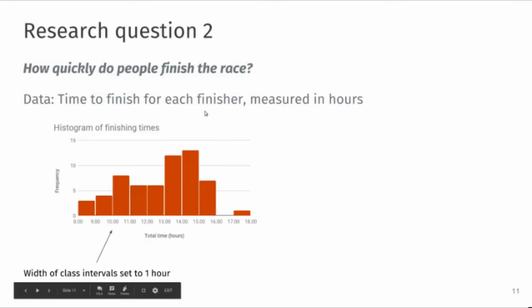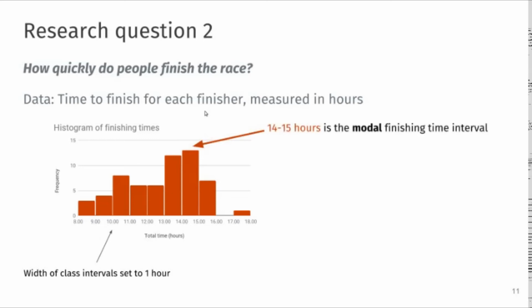And so we can see that 14 to 15 hours, this bar here, is the modal finishing time interval. That is to say, the most finishers ended up finishing between 14 and 15 hours. So, that's all right. It is what it is.